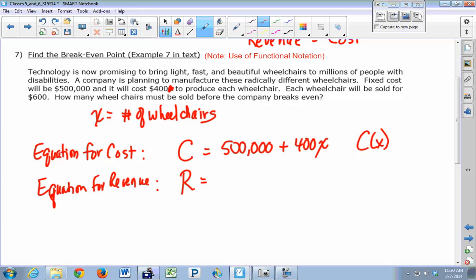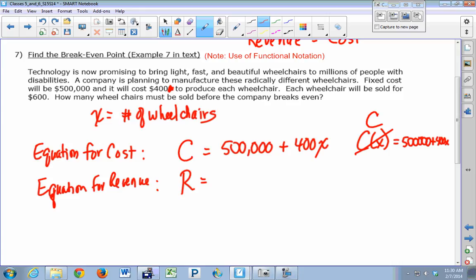Since the cost depends on the wheelchairs, the actual equation is going to look like this, where you see this C parentheses X. That means C of X. We haven't gotten to functions yet, so when you see that on your homework, just replace it in your mind with C. That's all. Just use the letter that's in front of the big capital letter. Okay, we'll get to this later. It doesn't really change what you're doing to solve the equation or to find the break-even point.